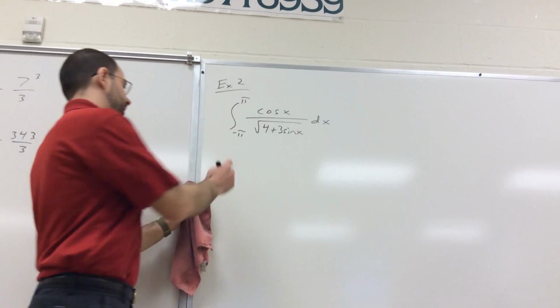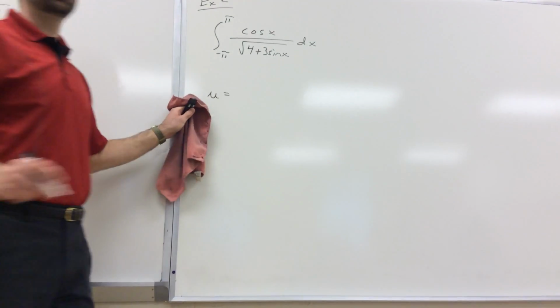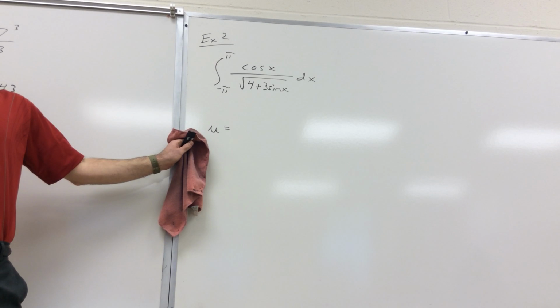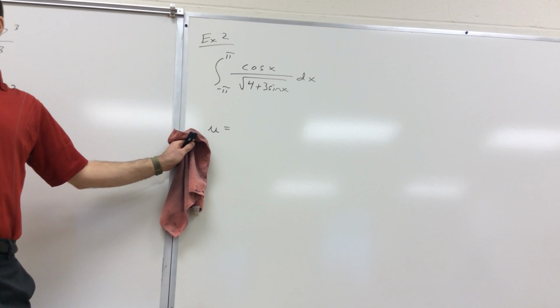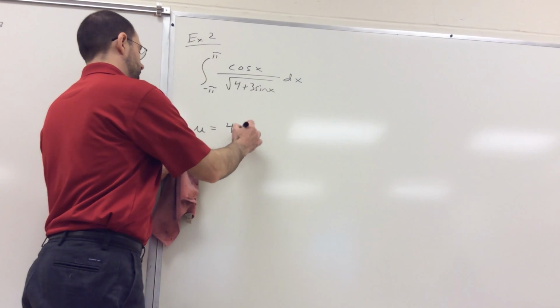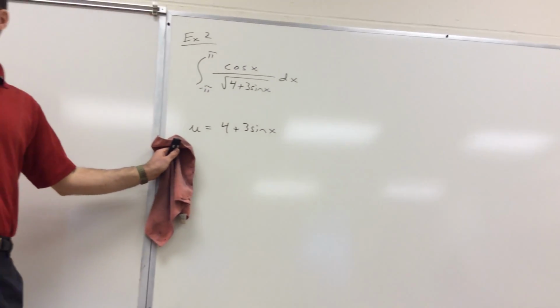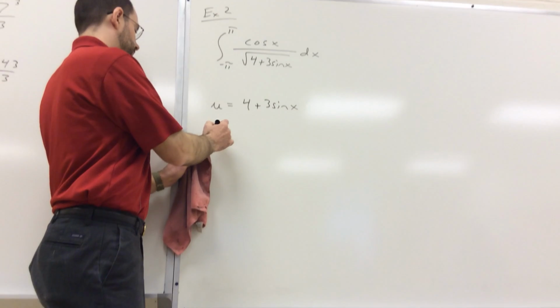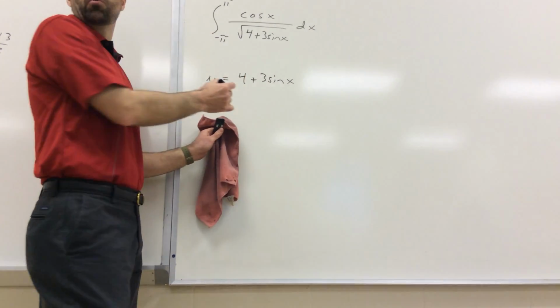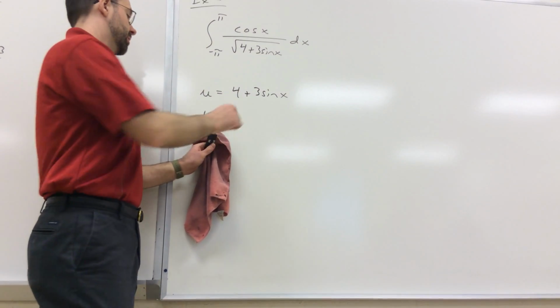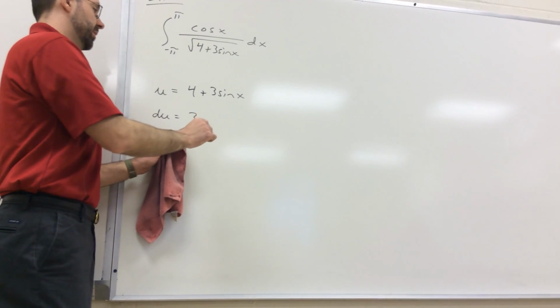So what should u be on this problem? Four plus 3 sine of x, right? Because that's being square rooted. So then you take the derivative of that. Derivative of 4 is 0. Carry down the 3.